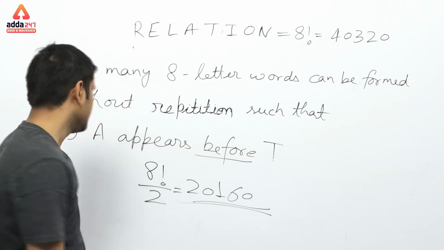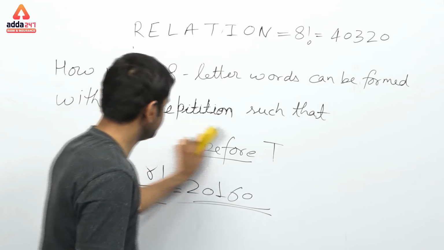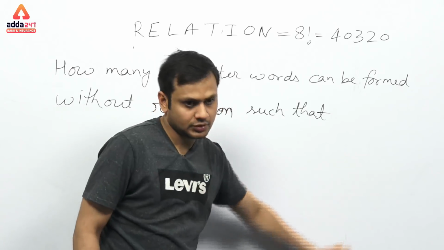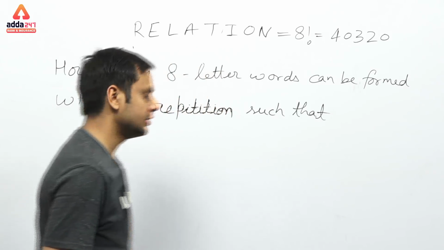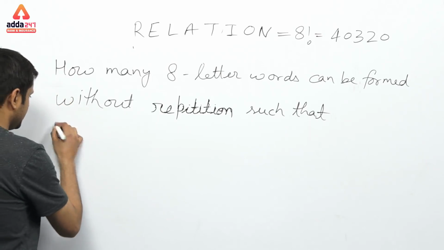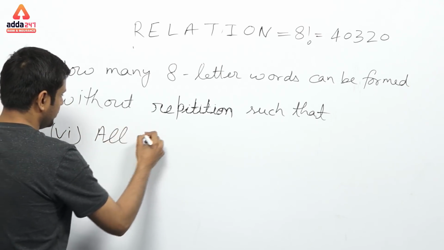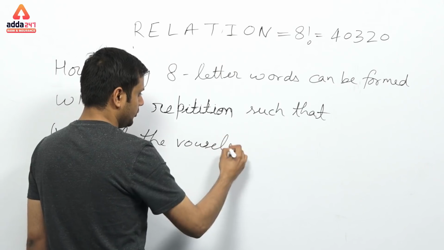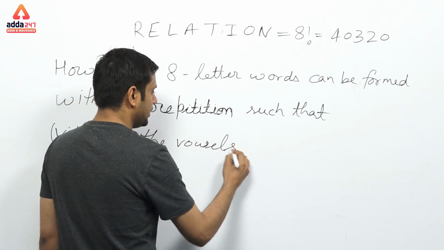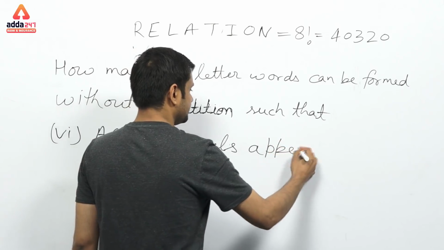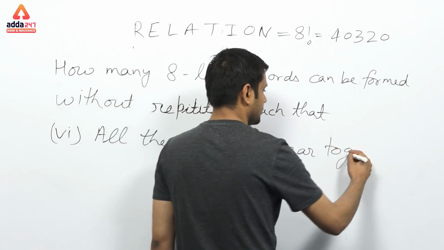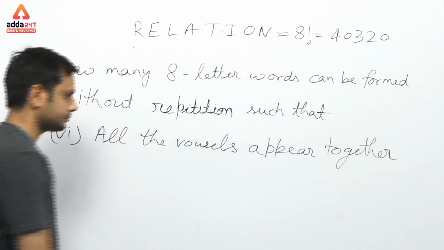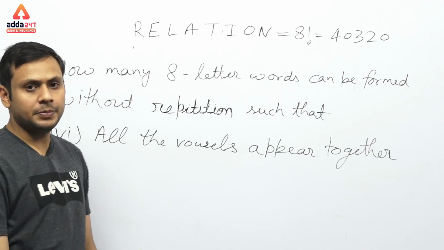Okay. So let's do one thing. Now suppose the next part is, I believe that is the 6th one. All the vowels appear together.